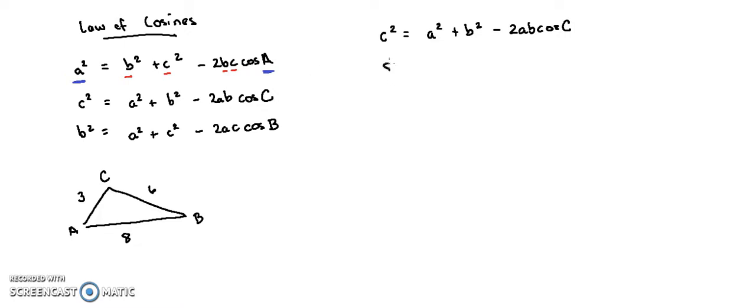So let's plug everything in. We're going to have 8 squared. Remember that the sides are opposite the angle. So A is opposite A, B is opposite B, and C is opposite C. So C is going to be 8, A is going to be 6, B is going to be 3.